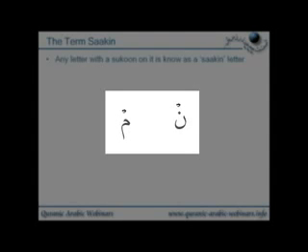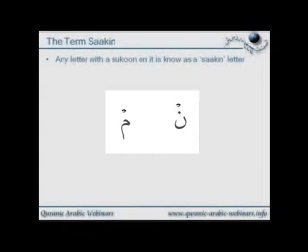So it will be known as Noon Sakin, and the Mim has a Sukoon on top of it, so it will be known as Mim Sakin. So that terminology is important, especially when we get into the Tajweed level, because there are certain rules to do with the pronunciation of Noon Sakin and Mim Sakin.